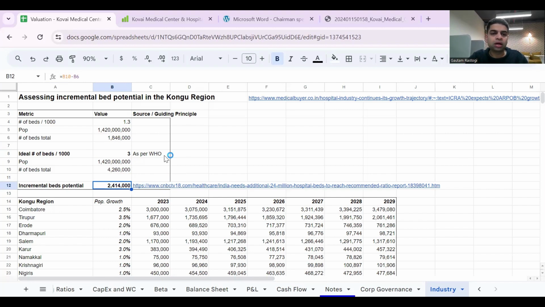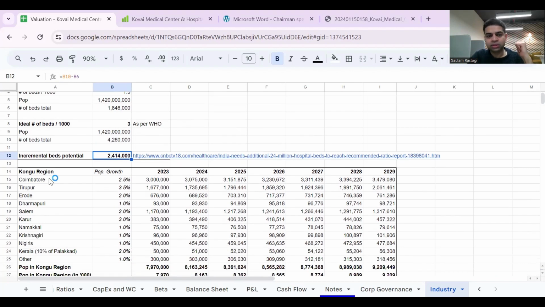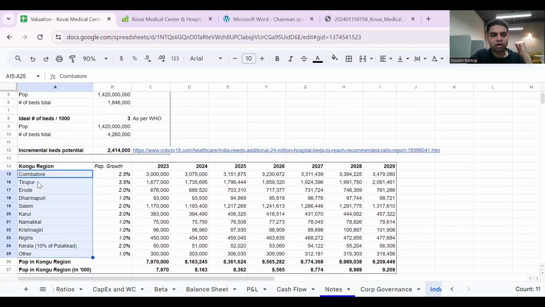But see, Kowai is a regional hospital. It's based in the Kongu region, and the Kongu region has these cities and districts: Coimbatore, Tirupur, Erode, and so on. It also has parts of western and eastern Kerala.